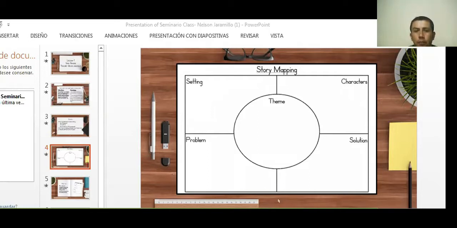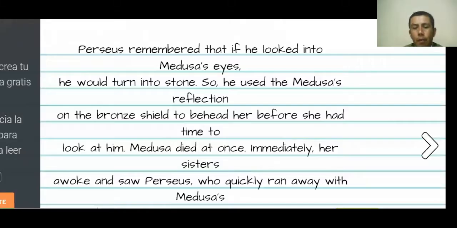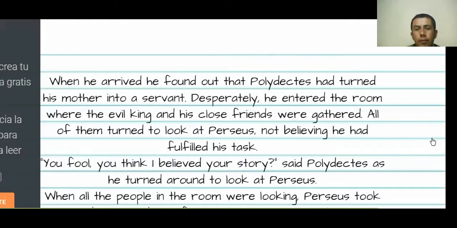In this case, as the characters we have Perseus, Medusa, Polydectes, Hermes, Athena, the Graeae. Now, please, other students read the next paragraph.